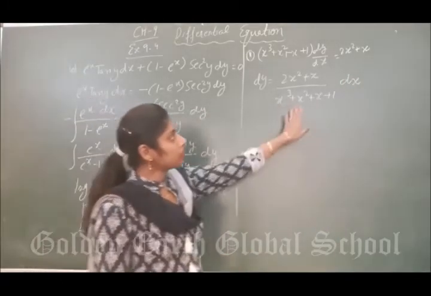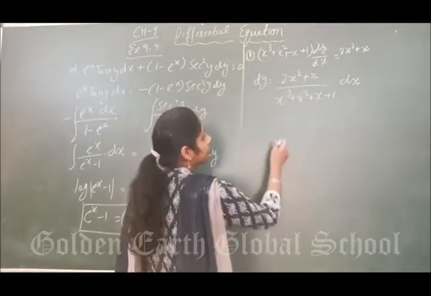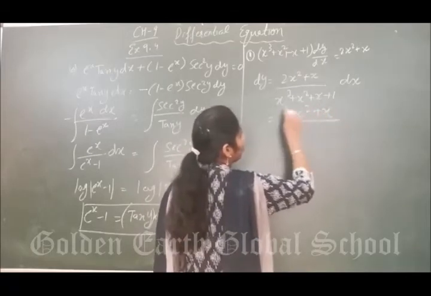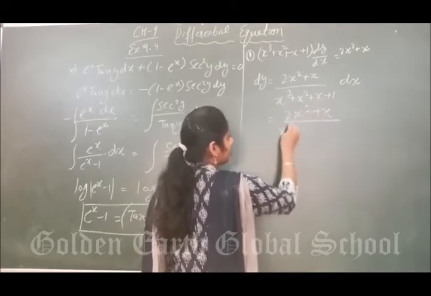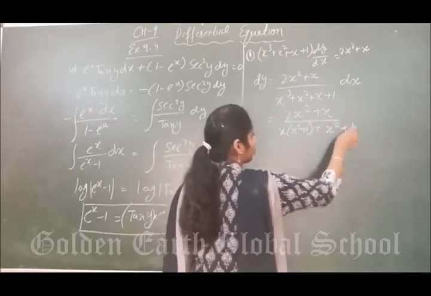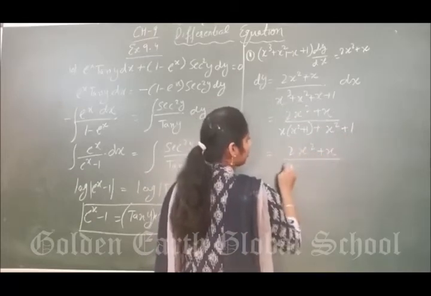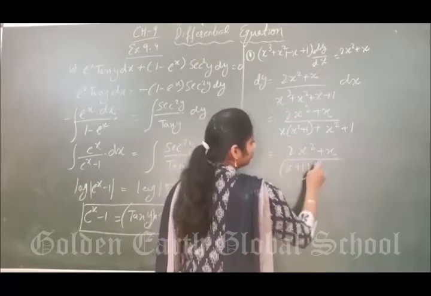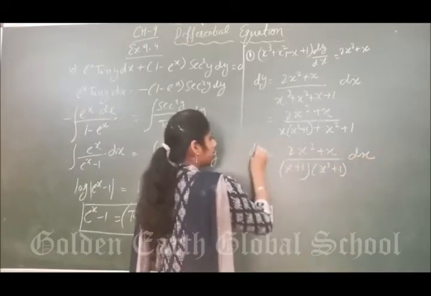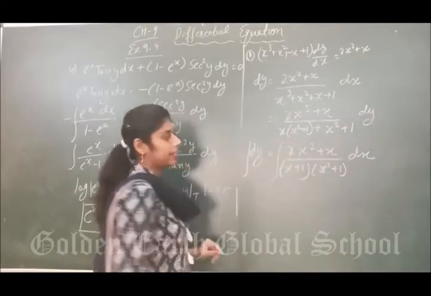How to take the integration of this term? First of all, simplify it. The numerator will be the same. From the denominator, x³ + x, take x common, and from the second and fourth terms. So it will become (x + 1)(x² + 1). Now you will apply partial fractions here to take its integration.